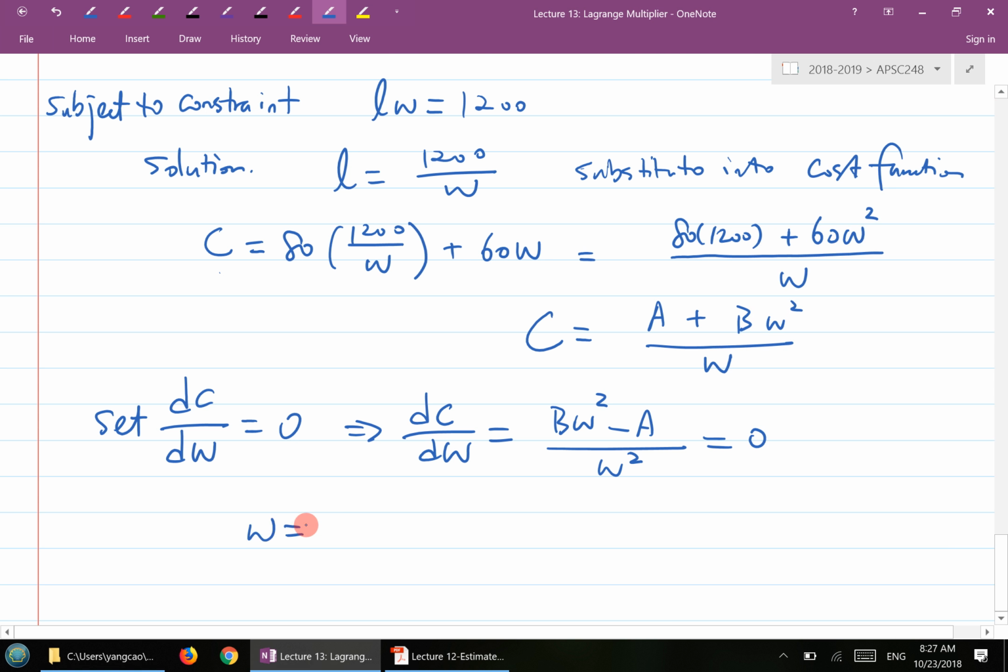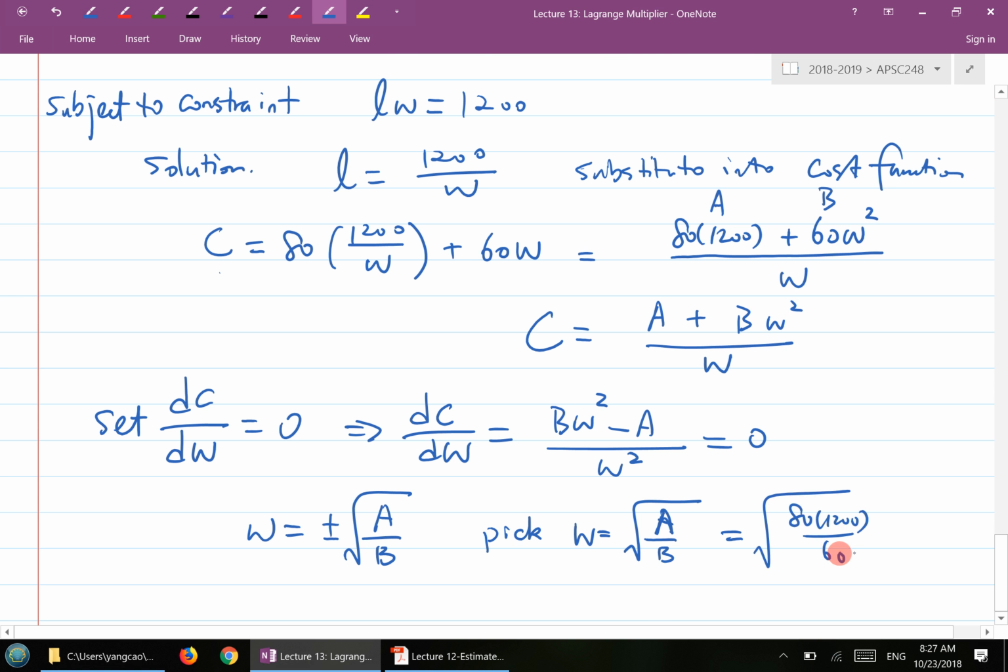That gives you W equal to positive and negative square root of a over b, and you cannot have a negative W, so we pick the positive one. A is 80 times 1,200 and b is 60, so plugging these two numbers in, you will get 40 for W.